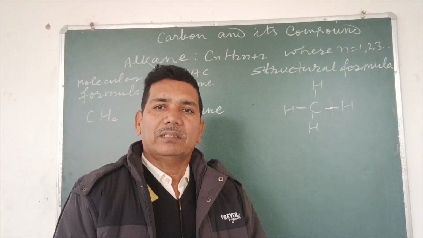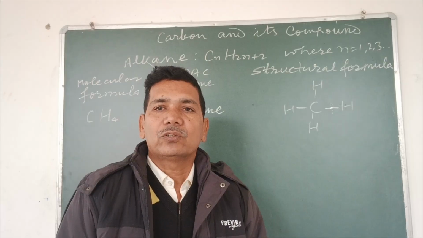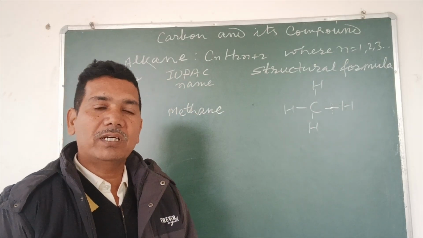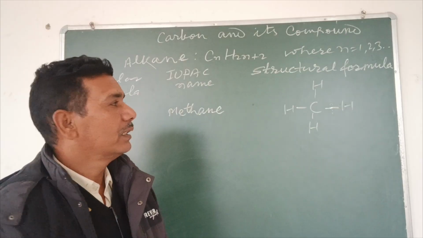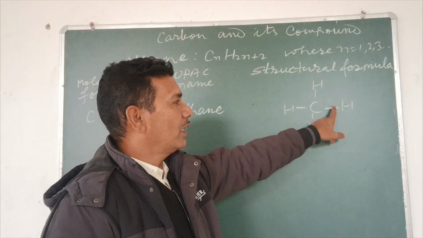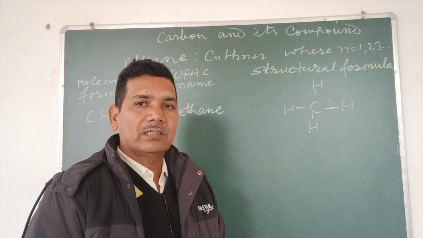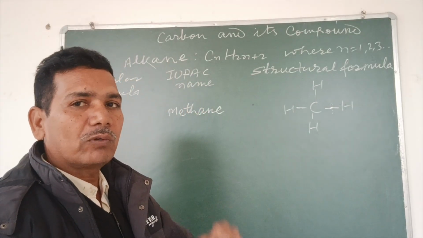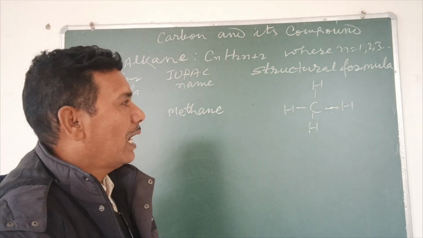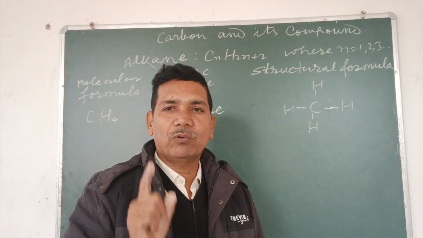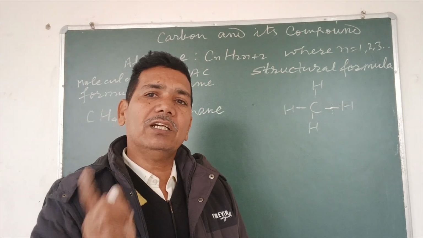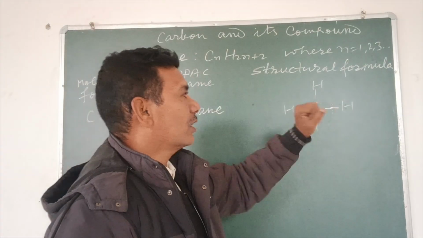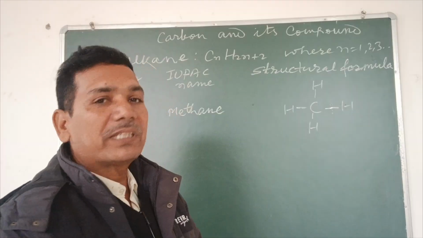Carbon has valency 4, so all the bonds of carbon in total must be 4. Here, if we count the bonds, this is 1, 2, 3 and 4. Hydrogen has valency 1, so its bond with any other atom must be a single bond. So this is the structural formula of methane.